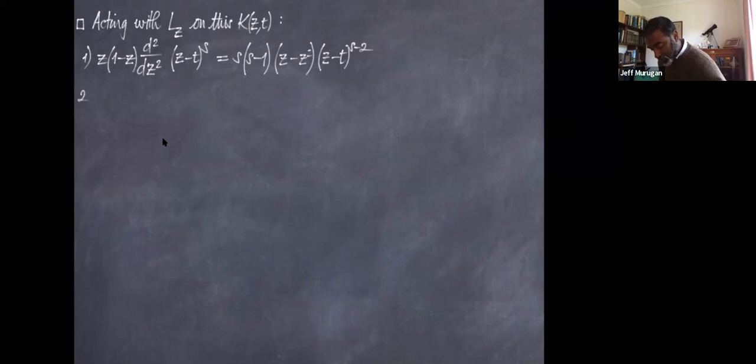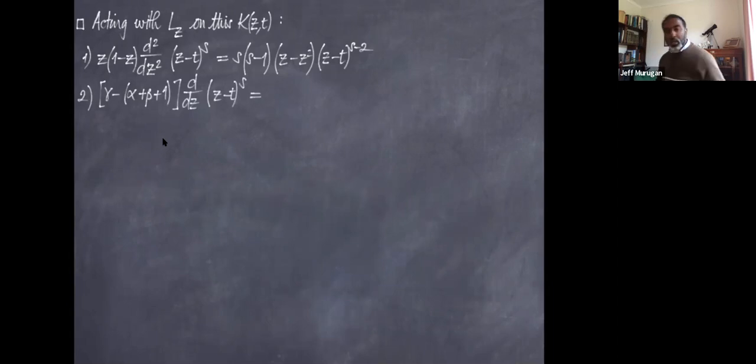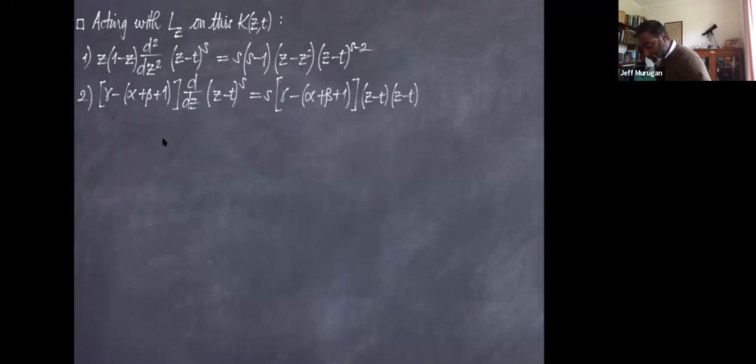The second term, gamma minus alpha plus beta, plus 1, times d by dz acting on Z minus T to the S is just S times gamma minus alpha plus beta plus 1 times Z minus T times Z minus T to the S minus 2.